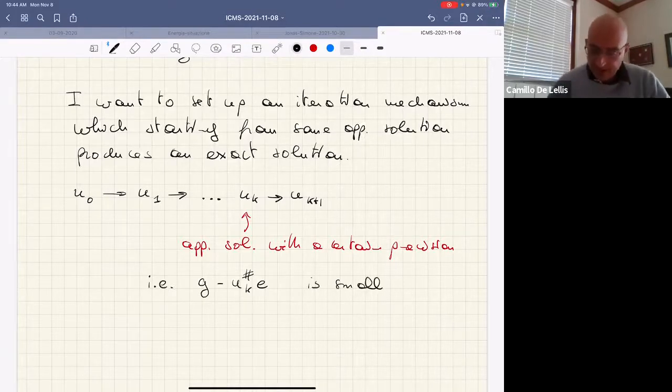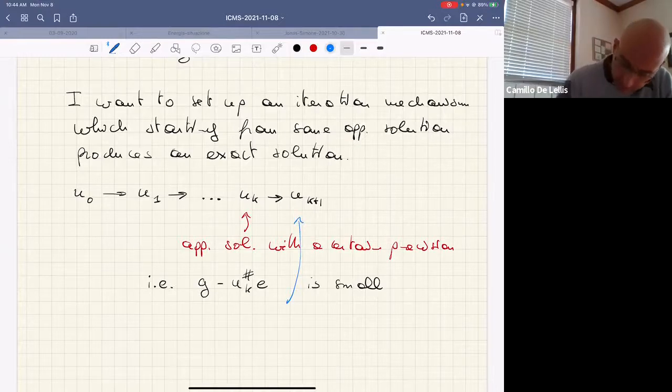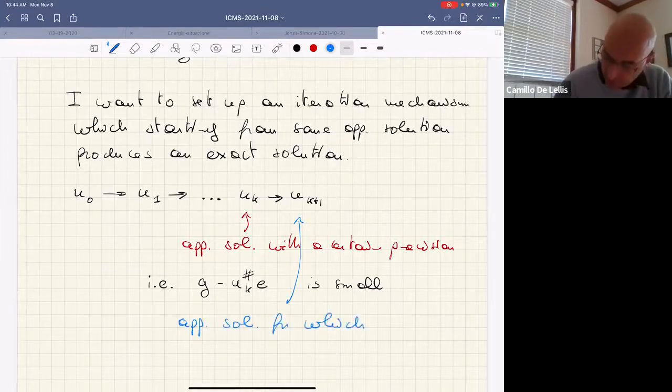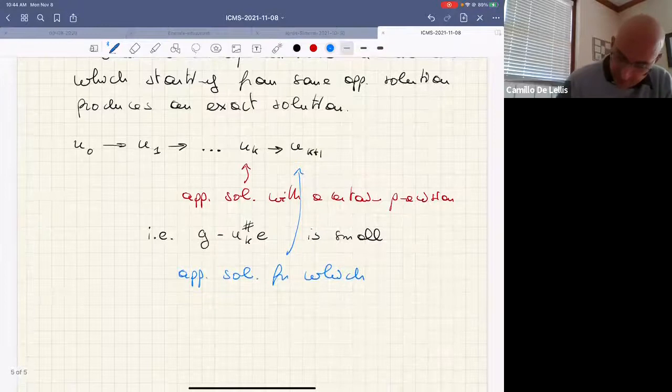And I want to produce another approximate solution, which is much closer to a solution, for which this difference is even much smaller.